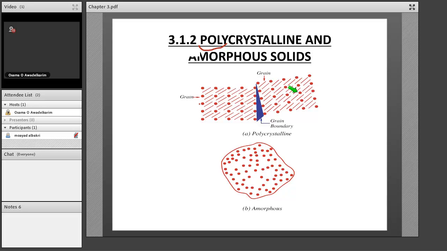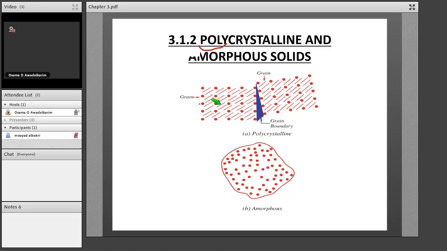The only difference from the single crystal structure that we discussed before is that these two single crystals are exactly the same structures, but they are oriented differently. There is a misfit in orientation. So they are oriented in two different directions, and in between there is a region which is not organized, which is not uniform.